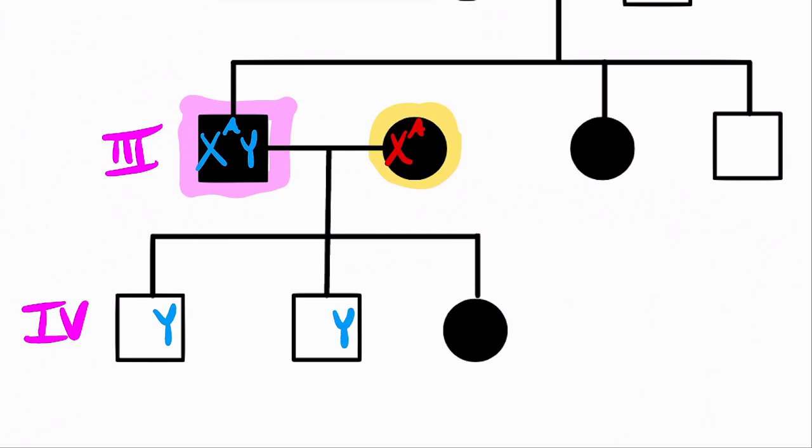This daughter here has to get a big A from dad. Dad always gives his X to the daughter, and if you have a big A, you have to be shaded in. But these ones who get their X from mom are not, so she must be a hetero. So now we know she gives a little a, and we know their genotypes.